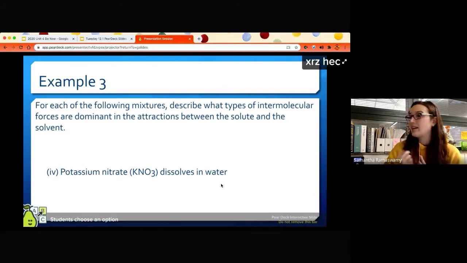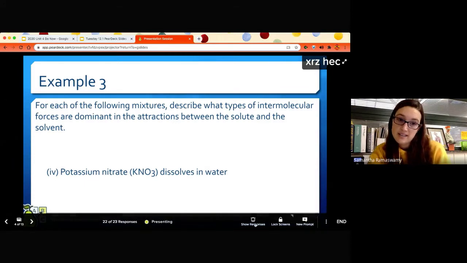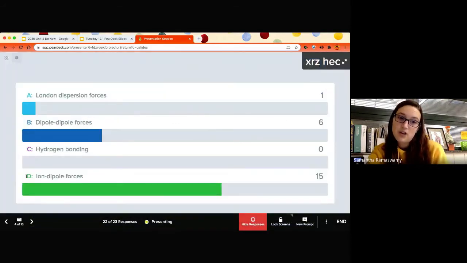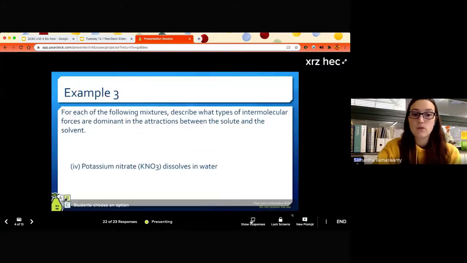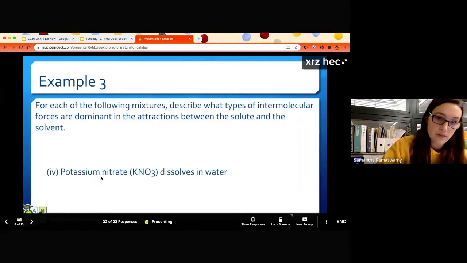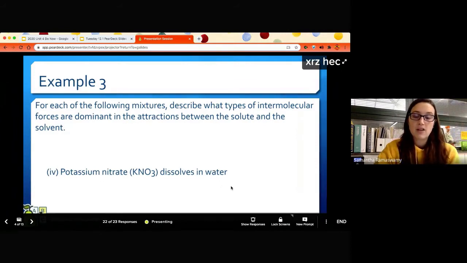So that's going to be like NaCl. NaCl is ionic, breaking apart. When KNO3 breaks apart, it breaks apart into ions. And so ion dipole forces are what we would see in this example. So for part 4 of example 3, you should have ion dipole forces.